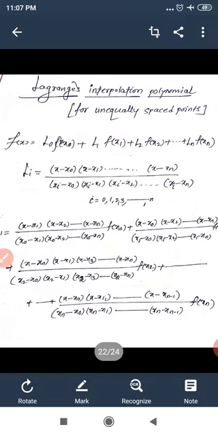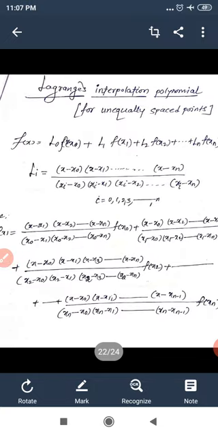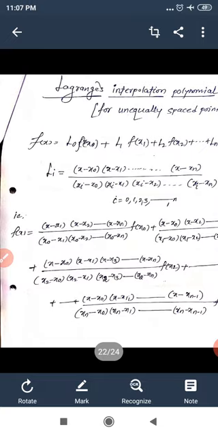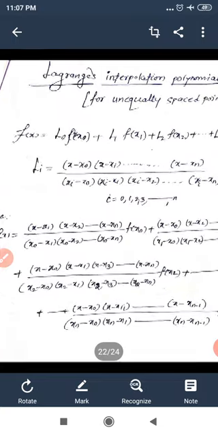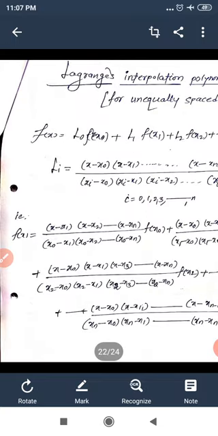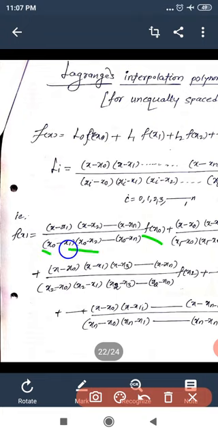I ranges over 0, 1, 2, 3, 4, 5 for these values. That is, f of x equal to what? x minus x1, x minus x2, x minus x3, up to x minus xn divided by x0 minus x1, x0 minus x2, x0 minus x3, up to x0 minus xn, into f of x0.